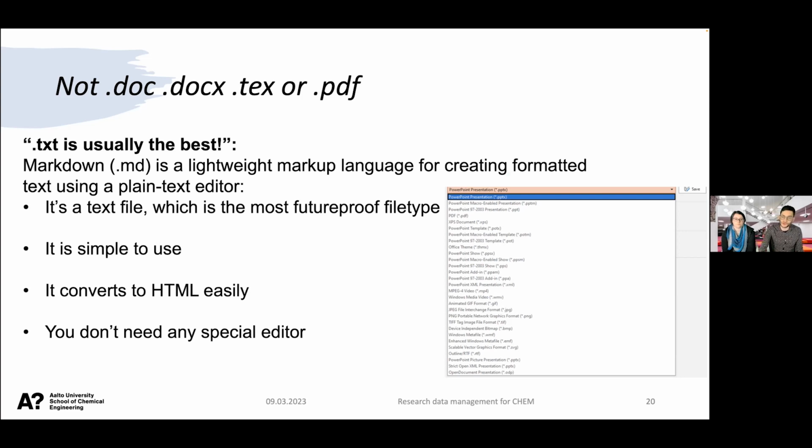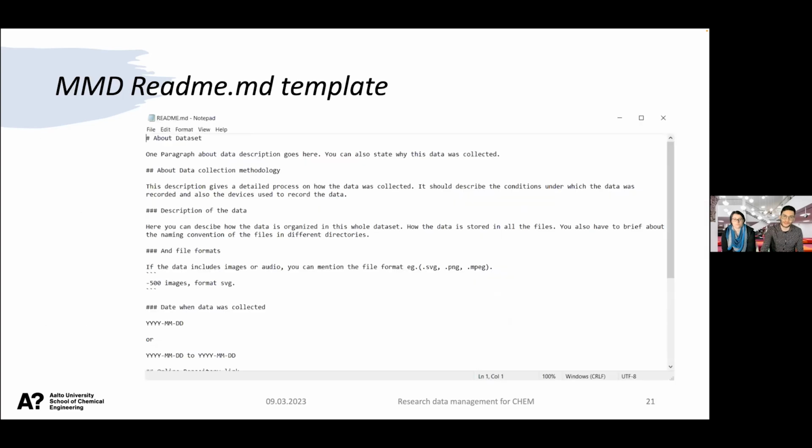I also use a variation of the text file that is called Markdown. And Markdown is basically text files, but it has some specific syntax that you can use to make the documents look better than the plain text file. So this is the plain text file, okay?